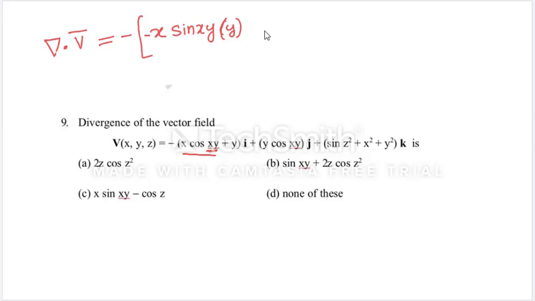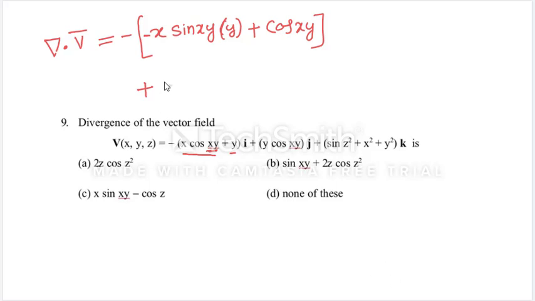Next, again plus cos xy, and this derivative is 0. Next, plus again the u into v rule only.